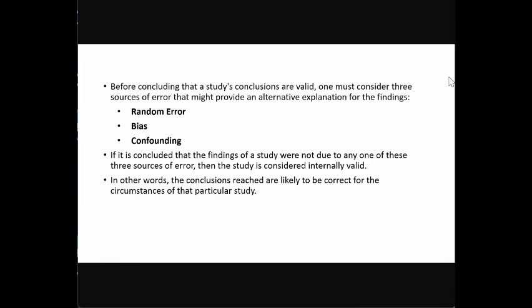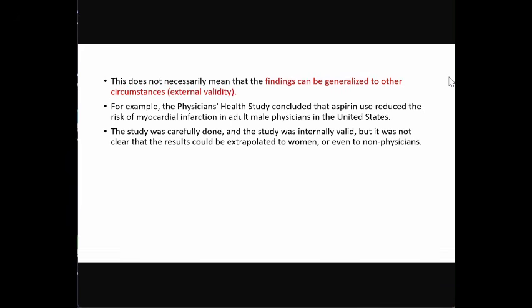Confounding is the next one. I told you about bias, which is a systematic error. The other new term here is confounding factors. As we go, I'll let you know what confounding factors are.